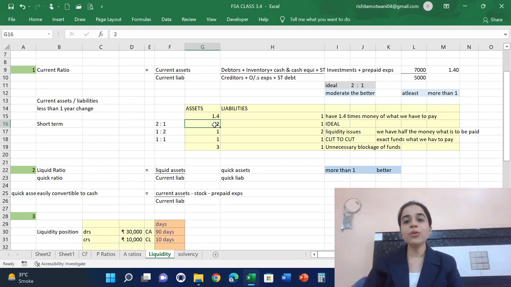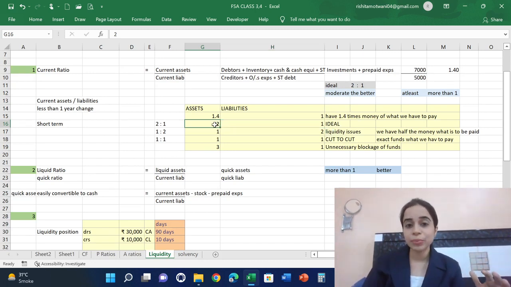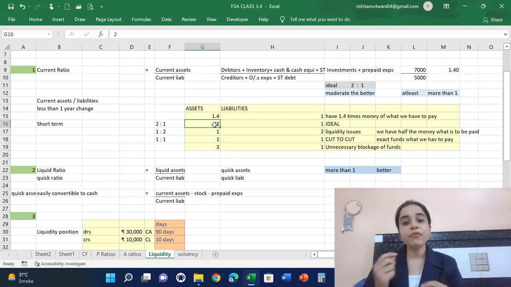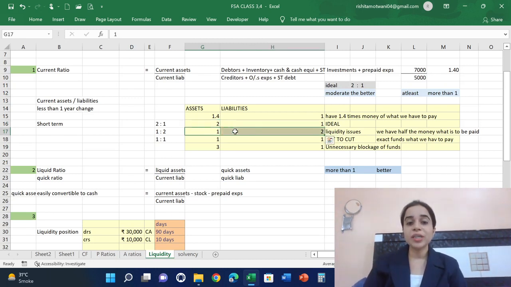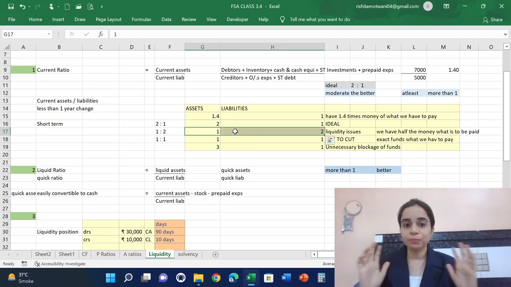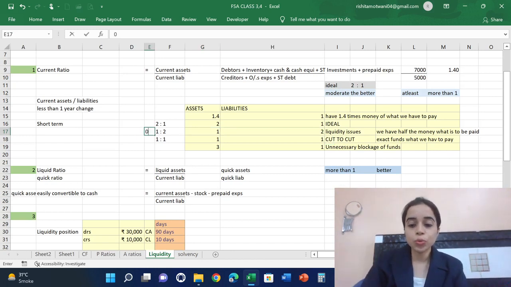That means the company is very stable, because even if someone defaults, the company still has twice the amount. When I say 1:2, that means the company has assets of 1 lakh, but it has to repay 2 lakh. That means the ratio would come to 0.5.